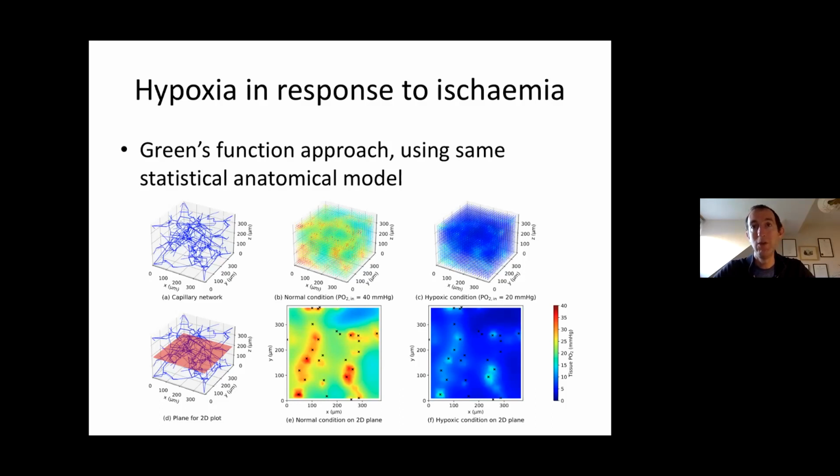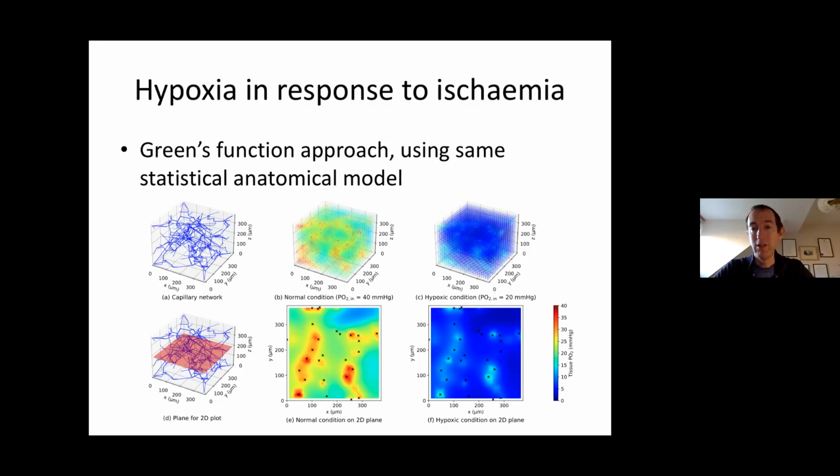And that drops hugely, unsurprisingly, if you drop the PO2 at inlet. So here we dropped it from 40 in the middle to 20 on the right. And on the bottom, we just have a few slices through to illustrate the variability that you find, because of course you get local regions of quite high oxygen because it's being dumped in the tissue and it takes a while for it to diffuse.